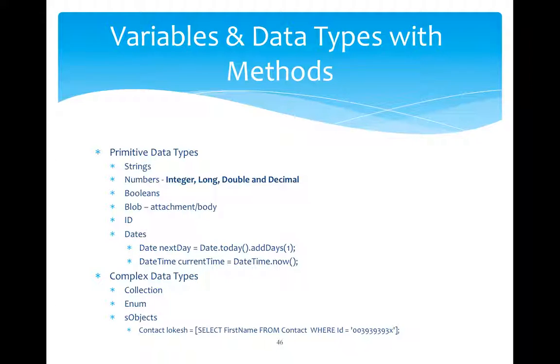In the same way, we have numbers, which are classified into integer, long, double, and decimal. All these have their own usage, and we will see how we can use all these data types or classes.